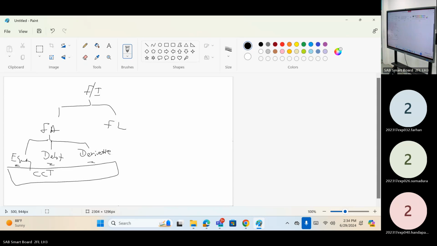Cash flow characteristics test, right? So if you are getting a pass result for the cash flow characteristic test, then you have to do the second test. What is that? The business model test, right? We perform the business model test only for what?